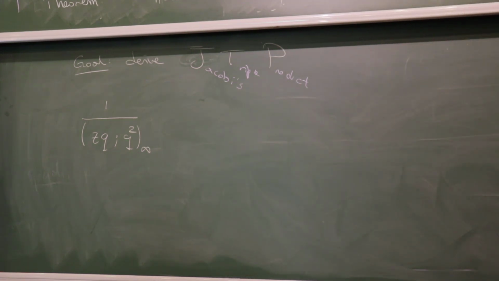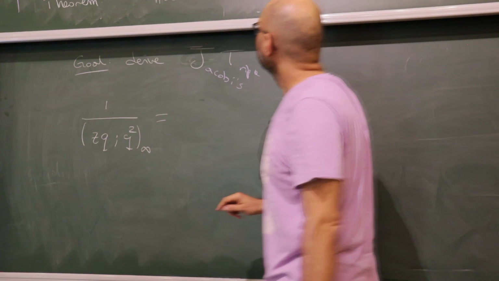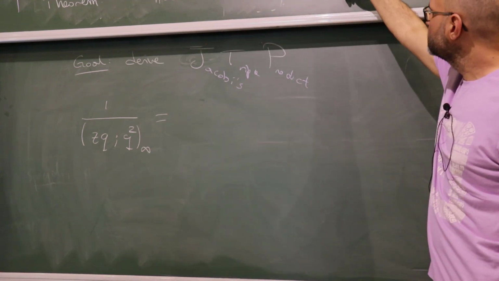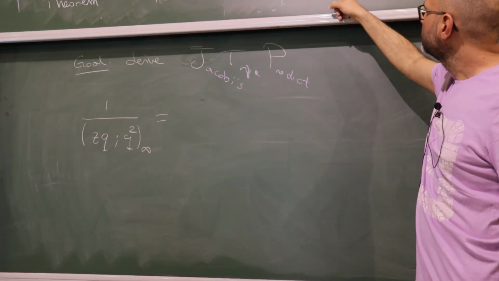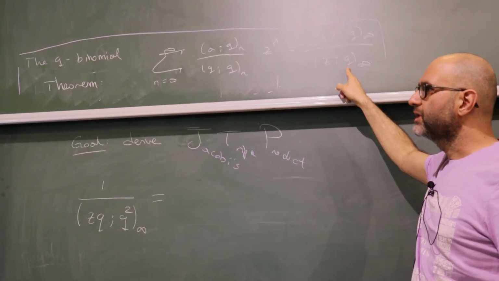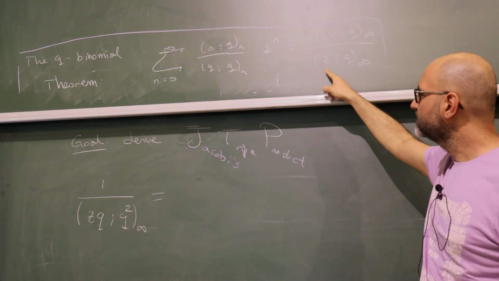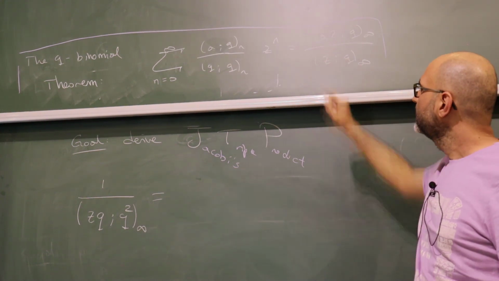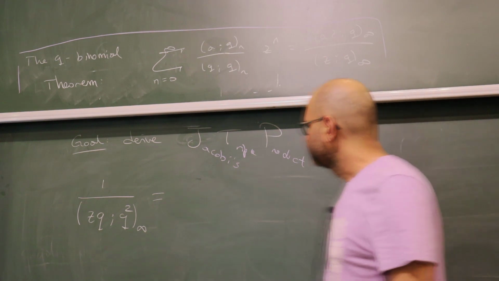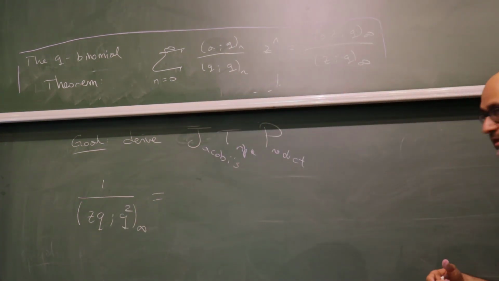Later we will reduce this q squared to q, but it is a little more convenient to do it this way. So using the q-binomial theorem, where a is 0, z is replaced by zq, q is replaced by q squared. No, q is replaced by q squared first. After that, z is replaced by zq, and a is replaced by 0. So the order in which you do the substitutions matters.